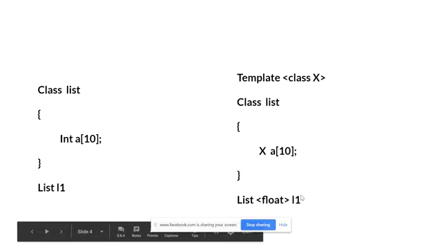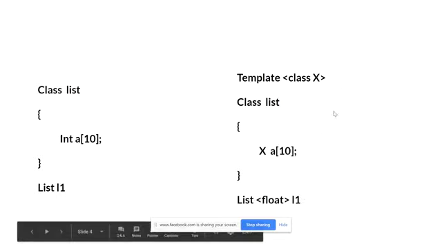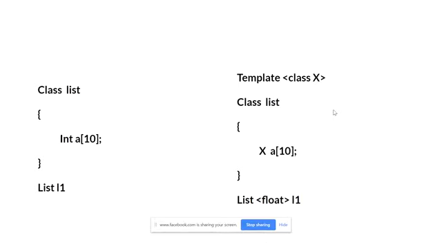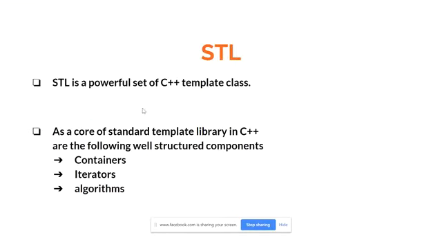So this is the concept of generalizing a class, and in this way a function can also be generalized. This is what a template actually means. Template is basically used for generalizing a particular class or function so that it can be used by all the data types.